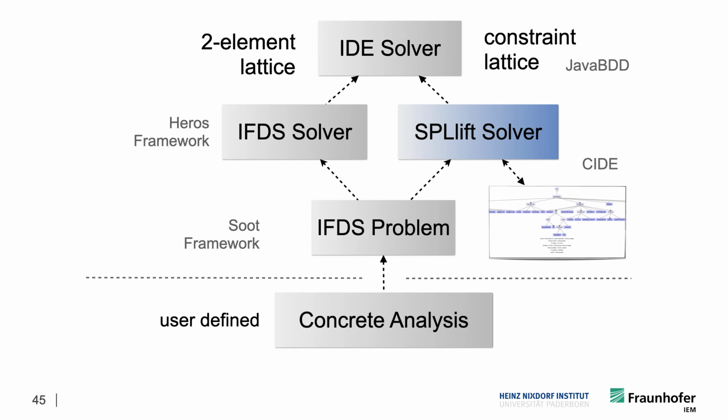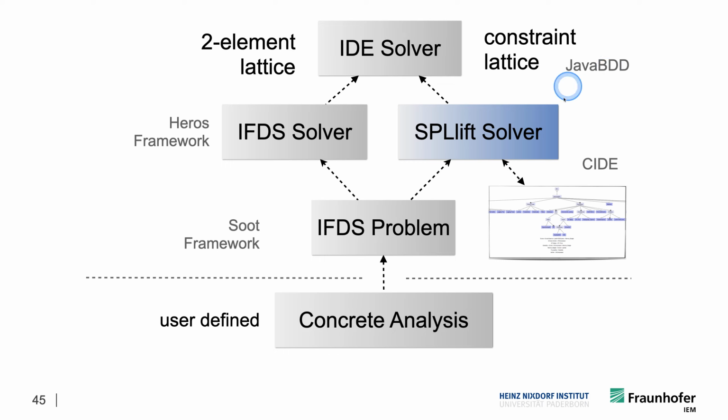Now, in SPL lift, we then have the specialized solver that uses a constraint lattice. So that basically replaces this two-element lattice by a constraint lattice. And here we actually use JavaBDD, which is a BDD library for Java, to implement this.